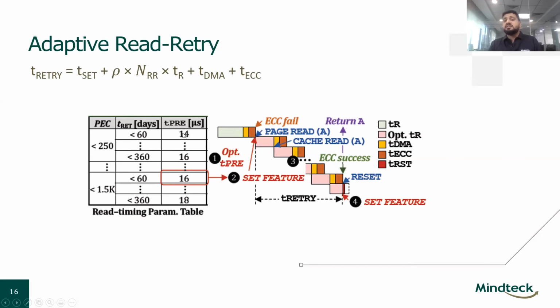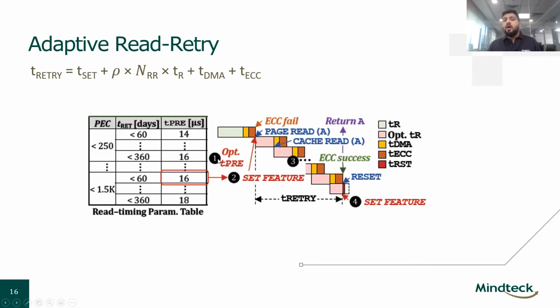T pre-charge is required to read the data properly without any error. So this table provides the T pre-charge on the basis of PEC and T retention data. Now we will see how adaptive read-retry uses this table.